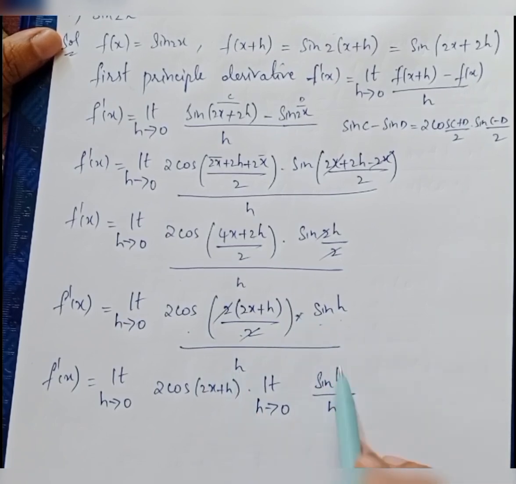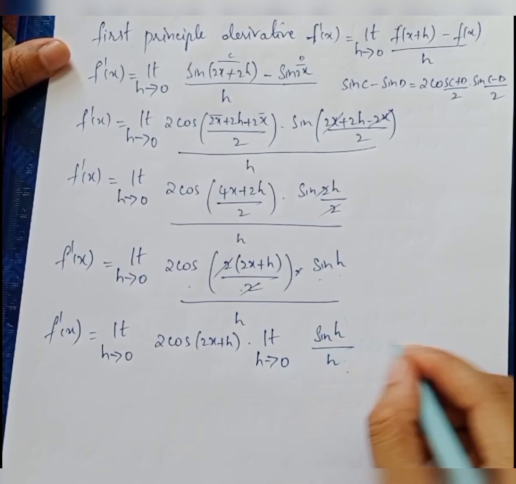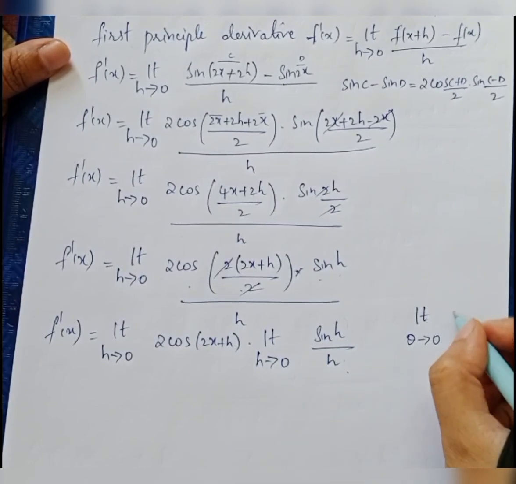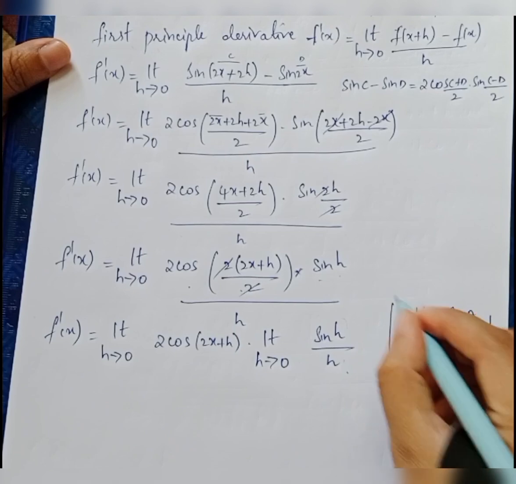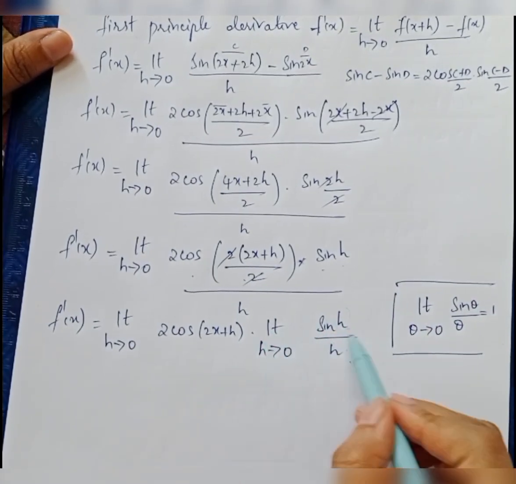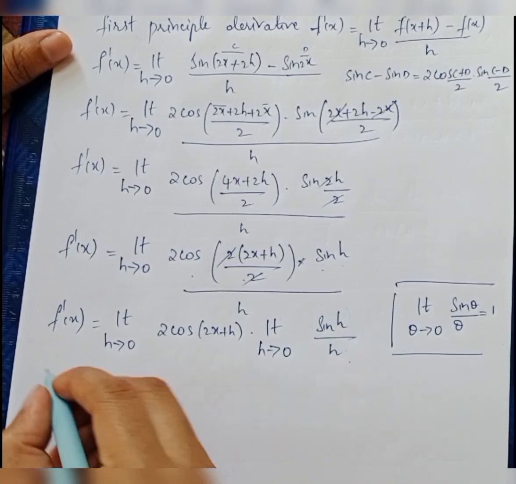So I'm writing this h with respect to only sine, because there is one formula: limit theta tends to 0, sin theta by theta equals 1. You should remember this formula. So this is in that form only. Here the theta is same, so this can be written as 1.